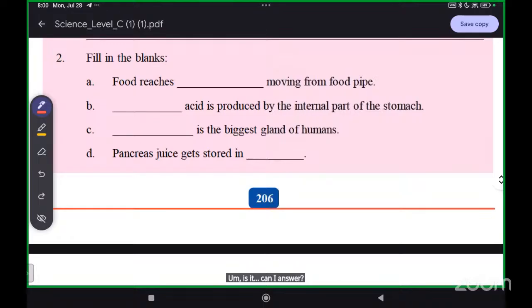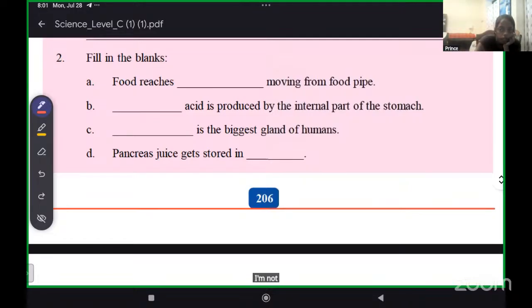Yes, Anna. Is it the stomach? The stomach. Yes. Next one. Dash acid is produced by the internal part of the stomach.